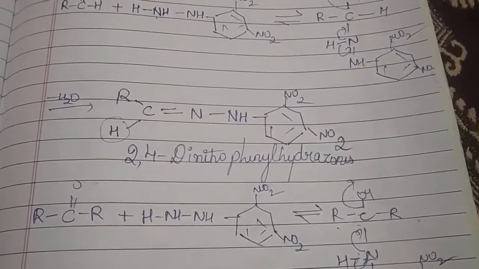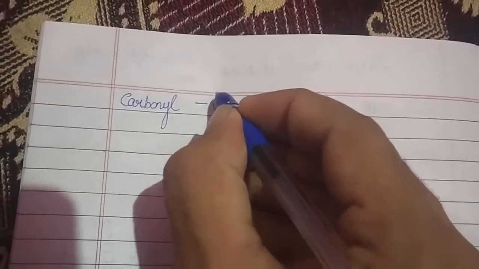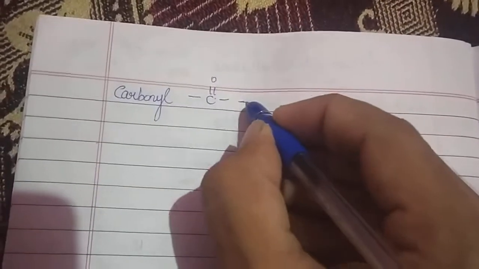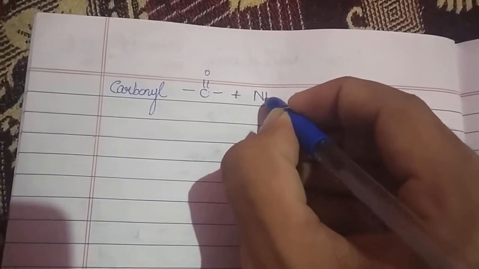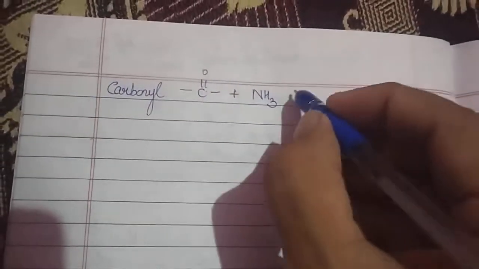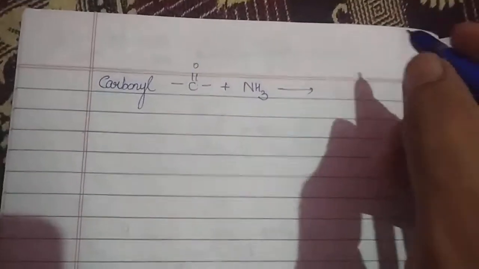Is that clear? So now let's have a quick revision of whatever we have dealt with so far. Generally I will be saying it in words. We came to know that whenever the carbonyl compounds were treated with, first of all, your ammonia, that is NH3, followed by dehydration, I'm writing the final products.